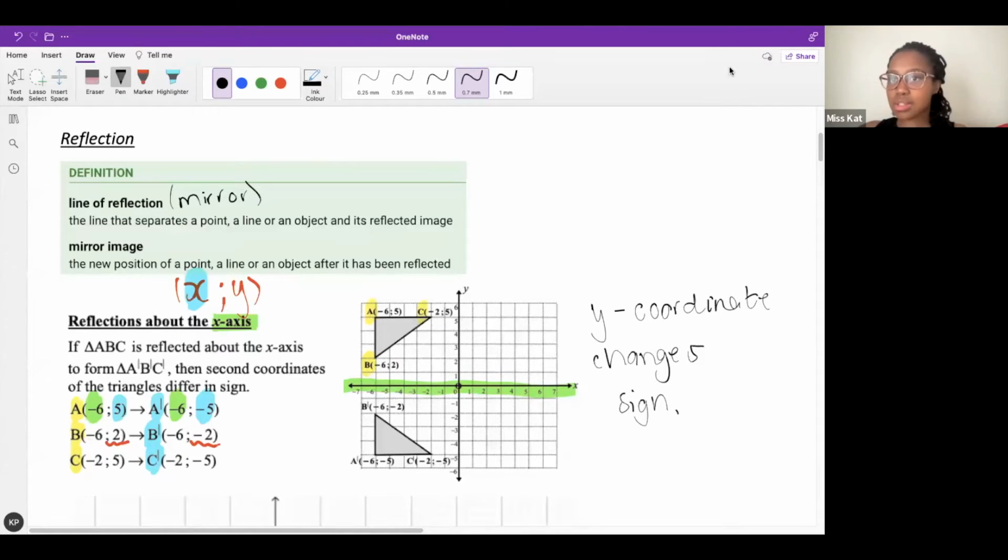So write this down, take a screenshot quickly. You're going to have to remember this, trust me. Remember, we're doing 3 types of reflections today. So you're going to need to write down notes. Okay, this is only the first one. So first, we established that our mirror is the x-axis.